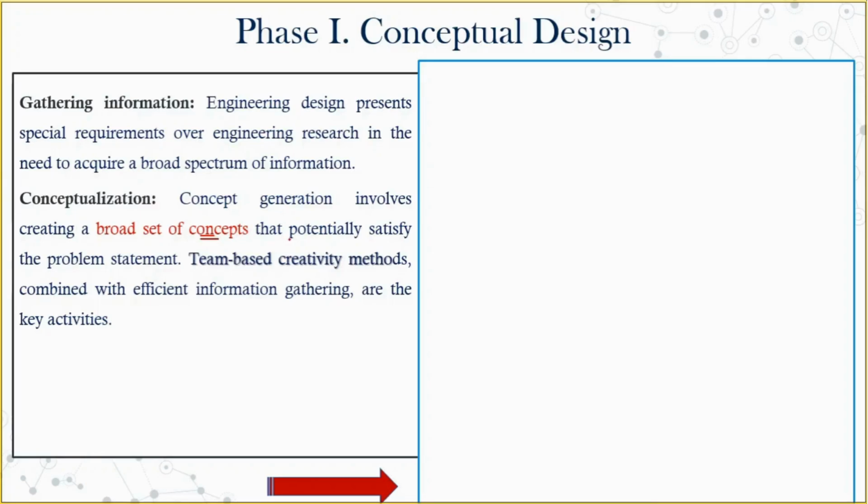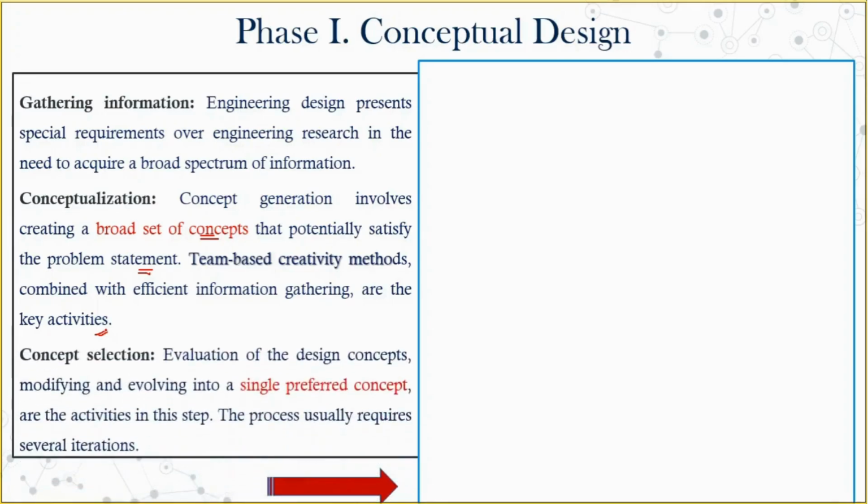Broad set of concepts that potentially satisfy the problem statement. Team based creativity methods combined with efficient information gathering are the key activities. A single person can give only a small contribution, but a team can give a better contribution.